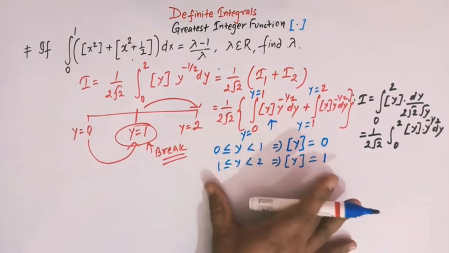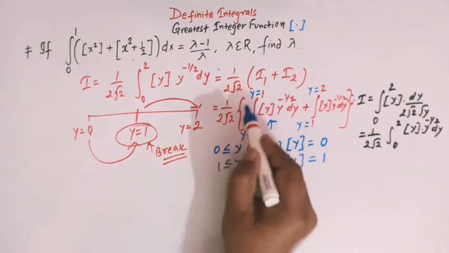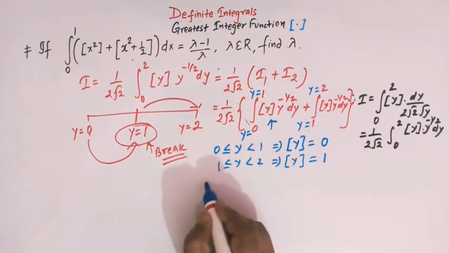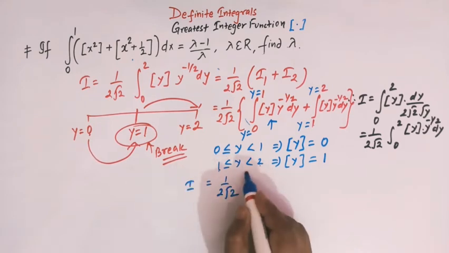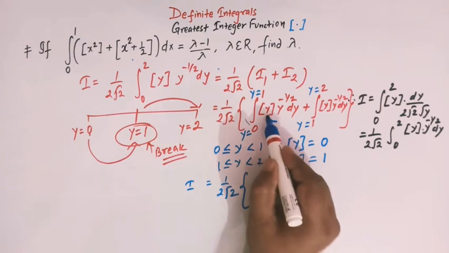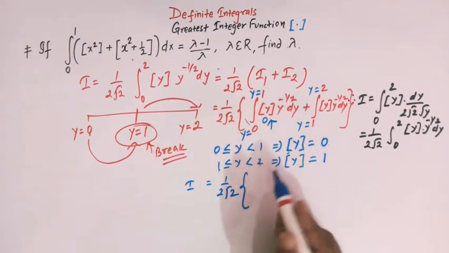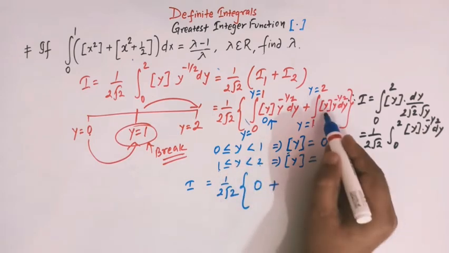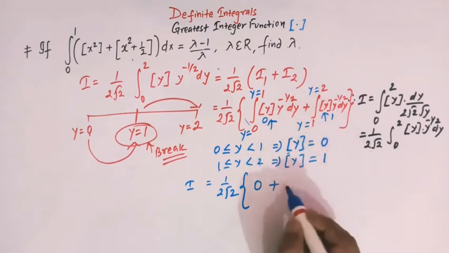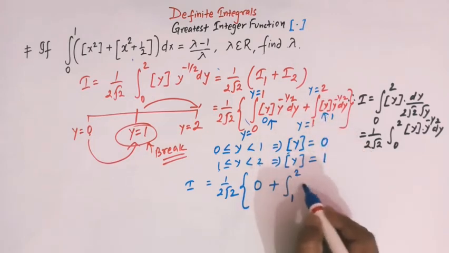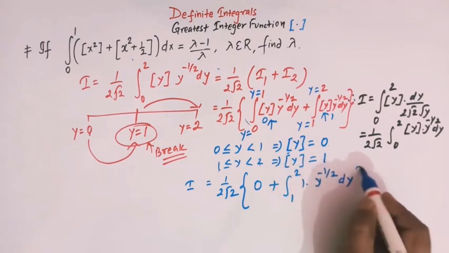Okay, so now here the greatest integer of y is 0, so this integral disappears. So now we have 1 over 2 root 2 I is equal to, and here we have 0 because the greatest integer of y is 0, so this integral becomes 0, and here we have 1 for the greatest integer of y, so we have the integral from 1 to 2 of 1 times y raised to minus half dy, right?